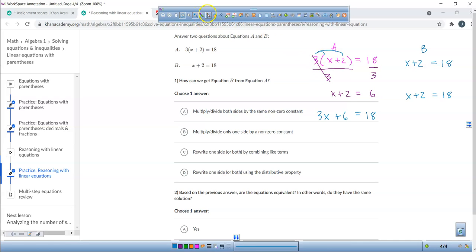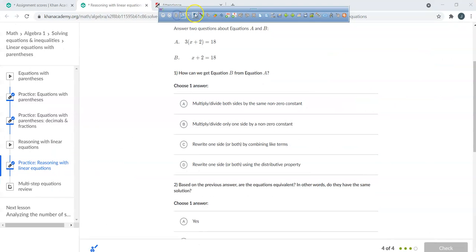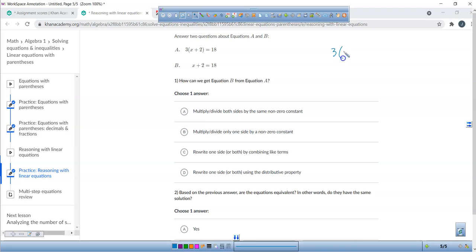The only way I can get 3 parentheses x plus 2 equals 18 to somehow equal x plus 2 equals 18 is just to divide this side by 3, but not to divide the other side by 3. So I could only divide one side by a non-zero constant to get the equations equal to each other.